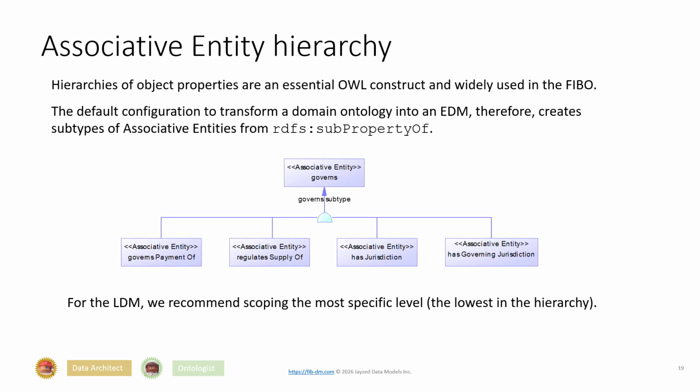Now, here in our case, we have associative entity governs, and their subtypes are govern payment of, supply of, has jurisdiction, or governing jurisdiction. And typically I recommend for an LDM to scope the most specific level, the lowest in the hierarchy. So if your base entity applies to a governing jurisdiction, use that associative entity in your scope and not the generic governs parent.